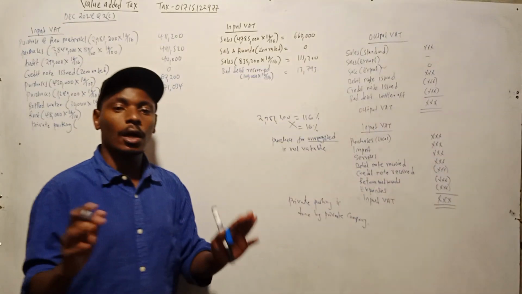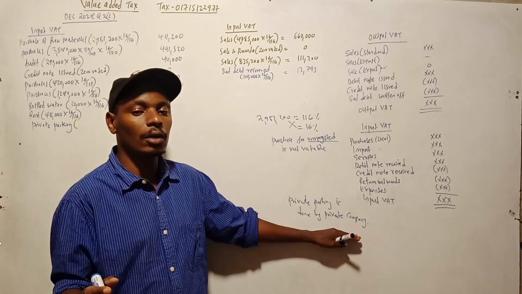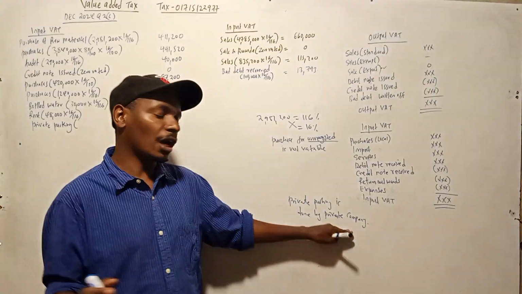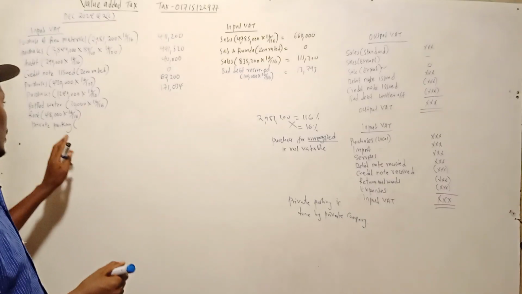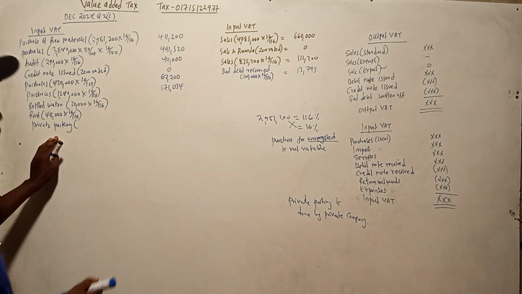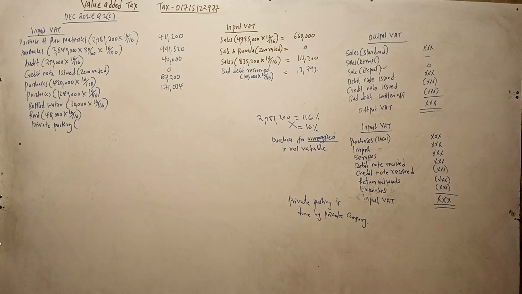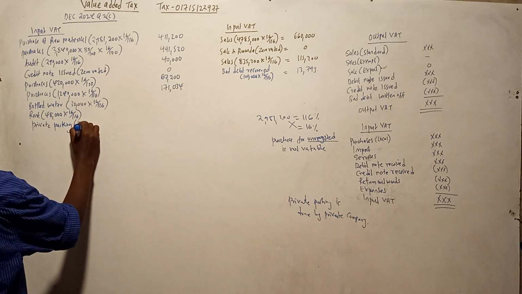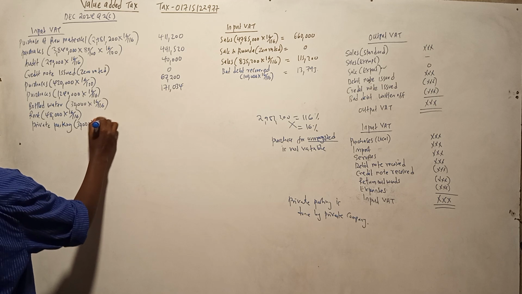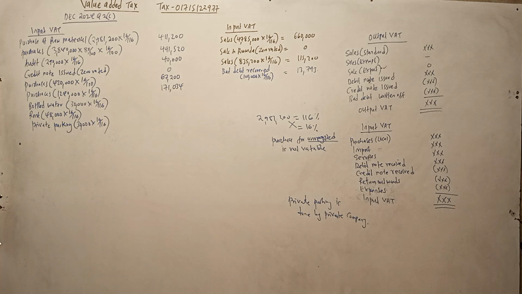If it is done by county government, it is not vatable, but if it is a private company, then vatable. So we assume a private company, 30,000 times 16 over 116. I think we have finished everything.